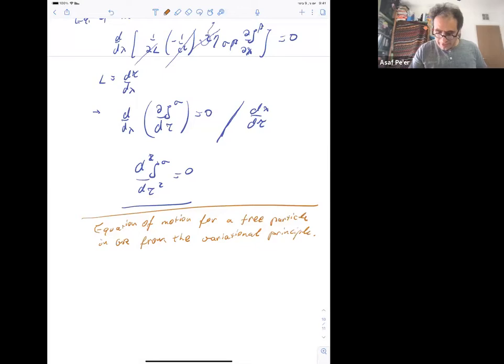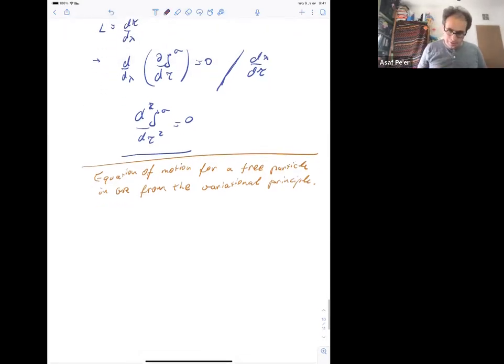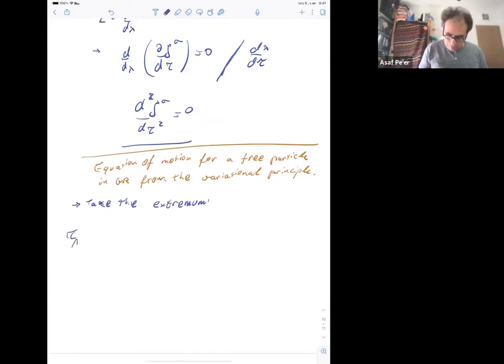Of course, it's completely analogous. It's exactly what we did. So we take the extremum of the integral from A to B of the tau.